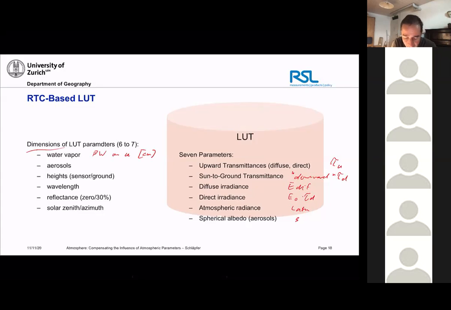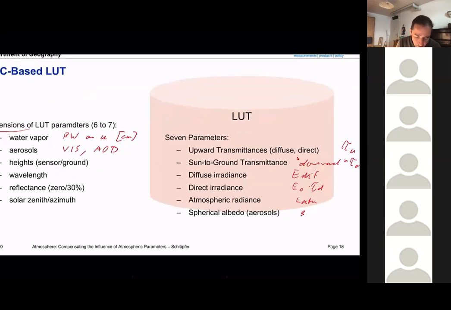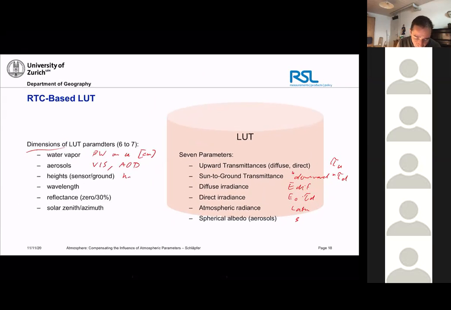Also sometimes in kilograms per square meter, that's the same, or in grams per square meter, then you also get a centimeter. Then the aerosols are usually given by visibility or AOT, aerosol optical thickness, or depth, AOD, for vertical atmosphere. Then you've got the height of the sensor, H1, H2, and the ground. So you've got the ground altitude and the flight altitude for airborne systems, wavelength, that's lambda. Then you've got the reflectance, rho.